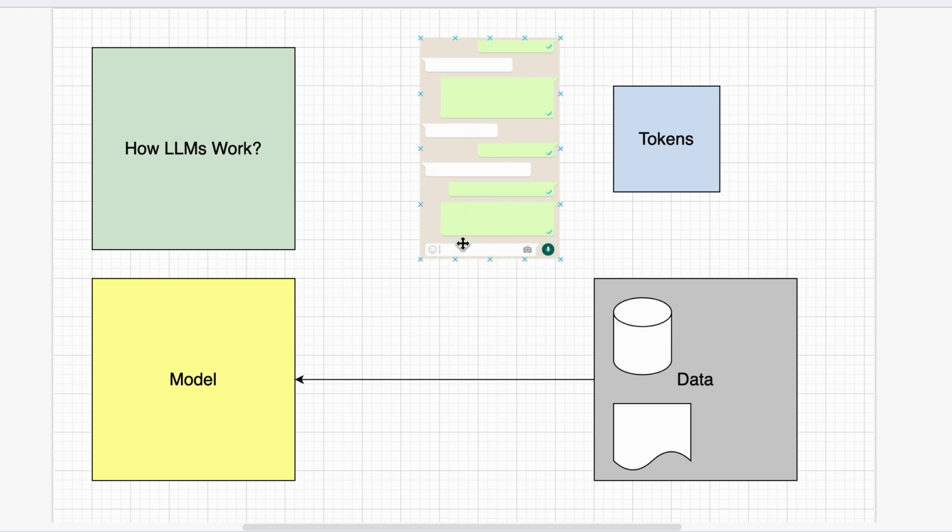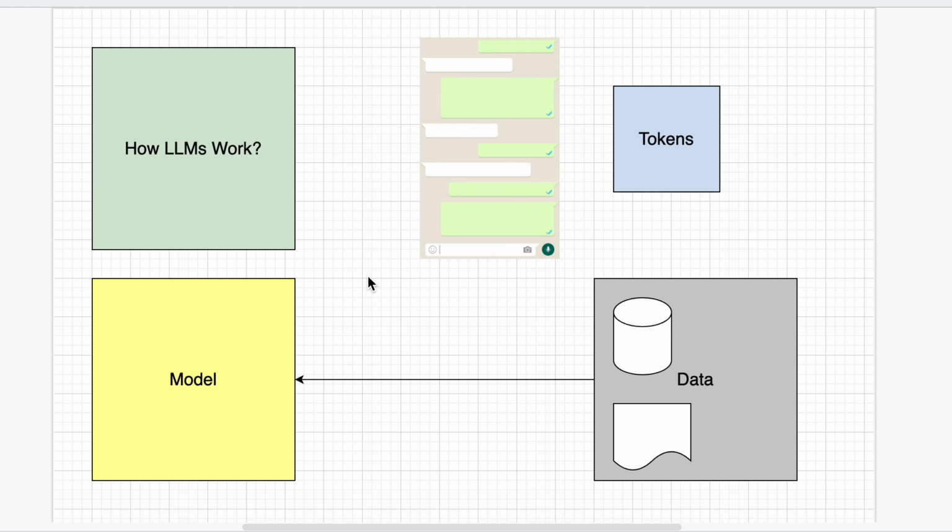Based on the data that it has, it predicts the next set of words, and this prediction is based on probability. What is the probability of a particular word or a set of words coming next, and the words that have a larger probability are displayed, they get shown to you.